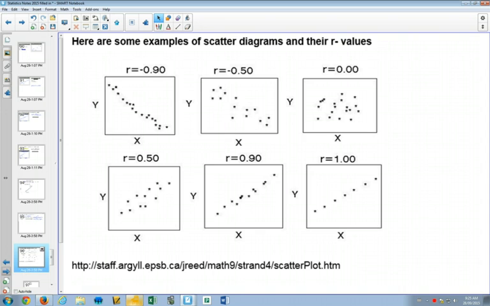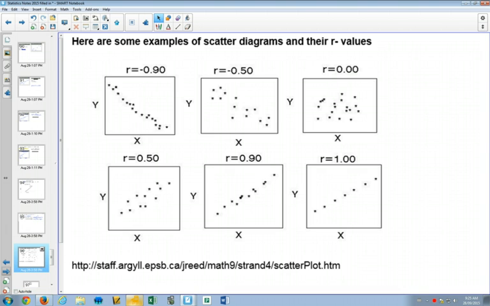Different scatter plots and different correlation values. You can see that if you drew a line of best fit through this first one, all the data points would be relatively close to that line of best fit. So we have an R value that's very close to -1. The second one, those points are more spread out.